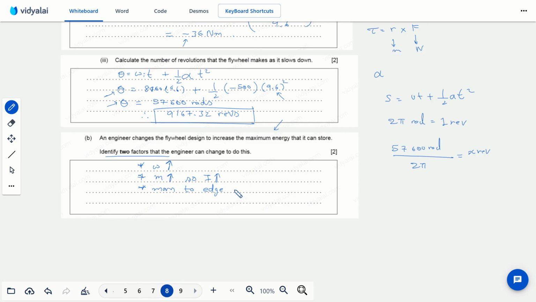Mass to edge, so I increases, and the net effect of any of these is an increase in the rotational kinetic energy. So that solves this part as well.